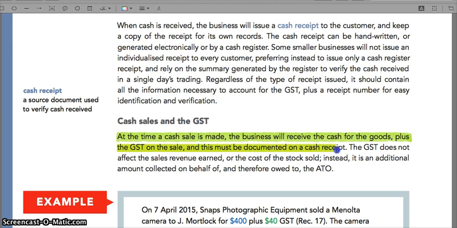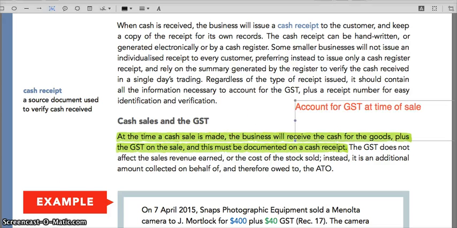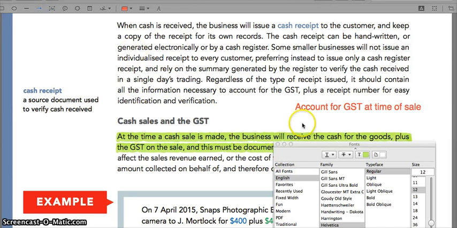And this must be documented on the cash receipt. So what we need to do is account for the GST at the time of sale. That's important. That's basically what this is talking about here.